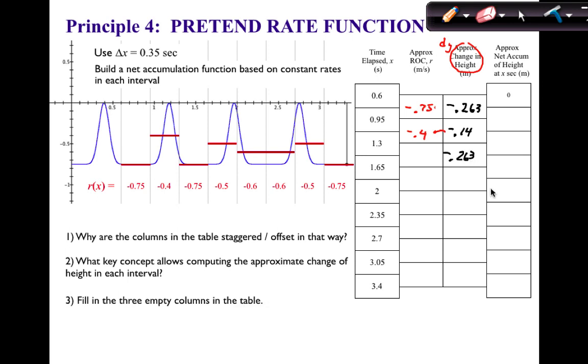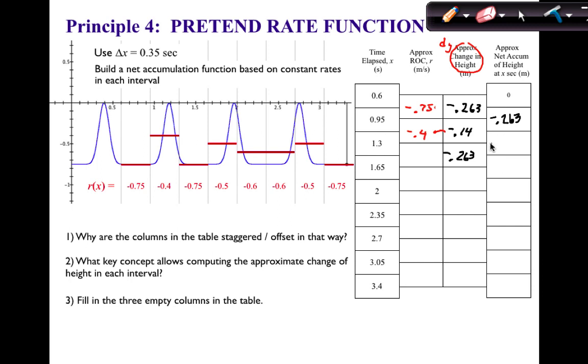So now how am I going to build a net accumulation function, right? So in the first interval, our height changed by this much, and we started at 0 change in height. So now what's our net accumulation of height? It's negative 0.2625. Okay, now what's my net accumulation of height after 1.3? What am I going to do? You have the accumulation from before, and you're going to add on the new accumulation to get the net accumulation all the way back to 0.6 seconds.